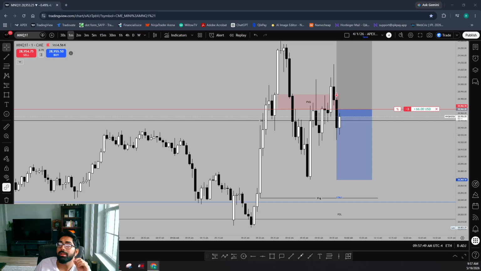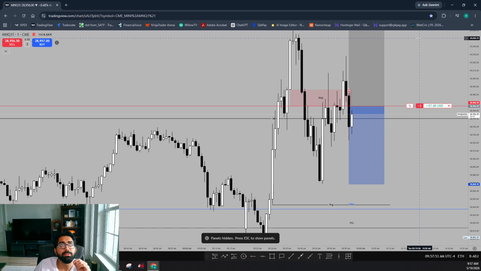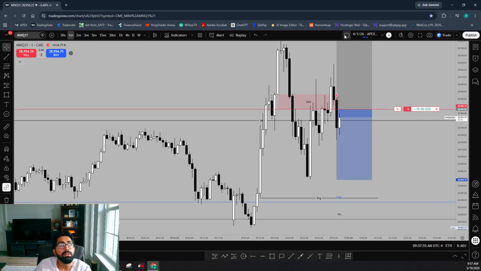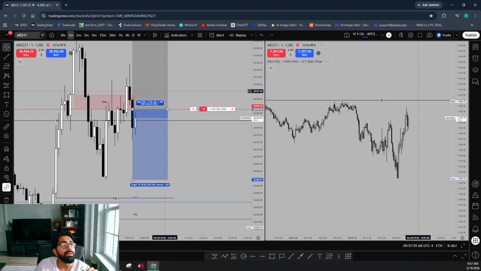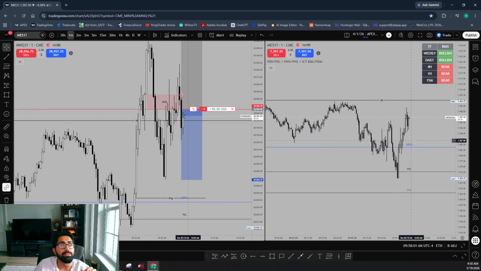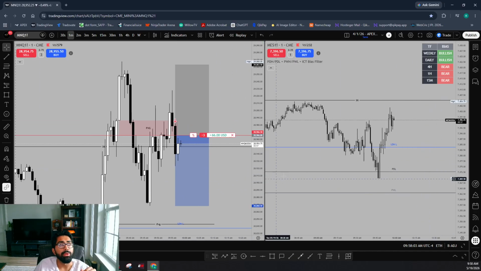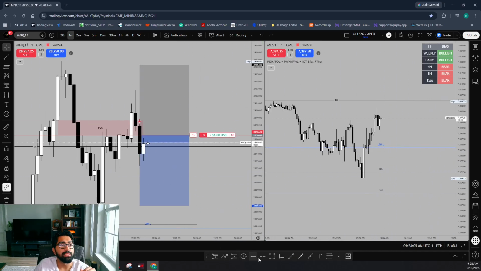What I also like about this, let me show you, is that if you go to the 1 minute for both ES and NQ, this is NQ, this is ES, you can see that we created another bearish SMT divergence within. So, come on, that's light work. That's easy shorts all day.